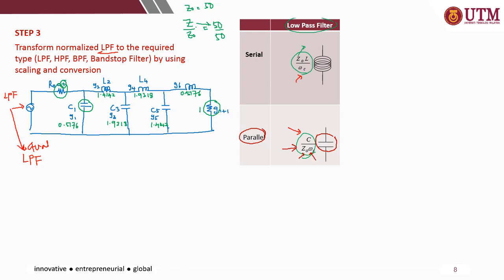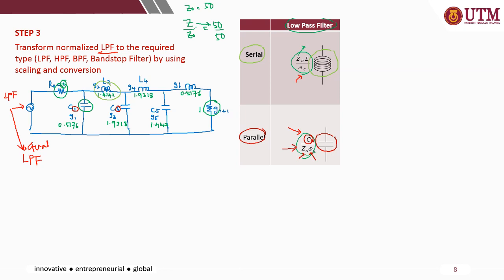Omega C from the question is 11.25. C is the current normalized value, I would say C K, K representing the element number. Then followed by the second one, L in series. What happens to L in series? In series, the L will be as it is, still inductor, but the value will be modified using the new equation.